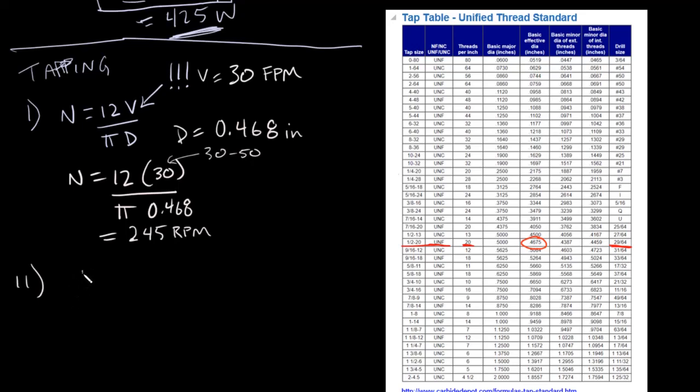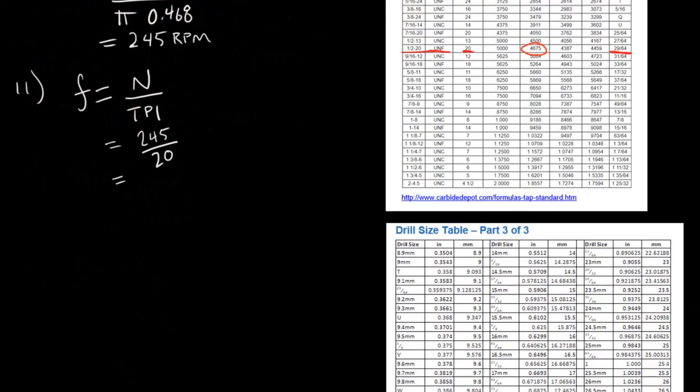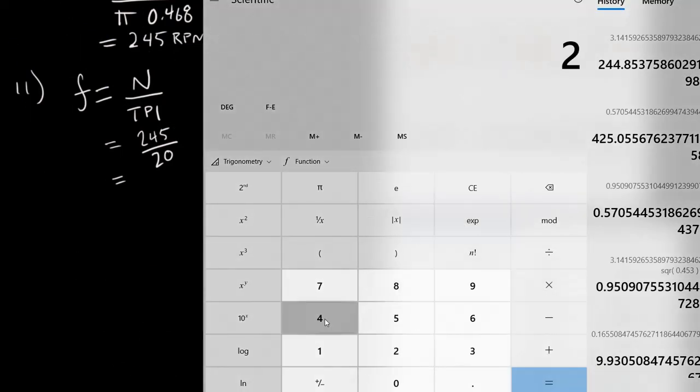So the formula for a tapped hole is your feed rate is equal to N over your threads per inch. So we know that it's 20 threads per inch. So F is going to equal 245 divided by 20.